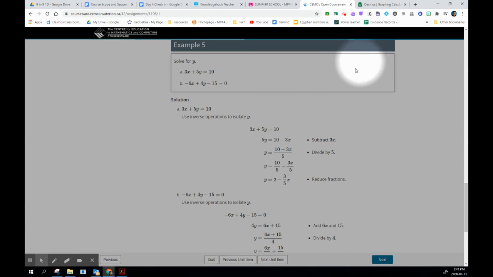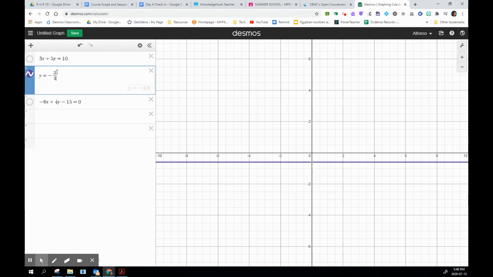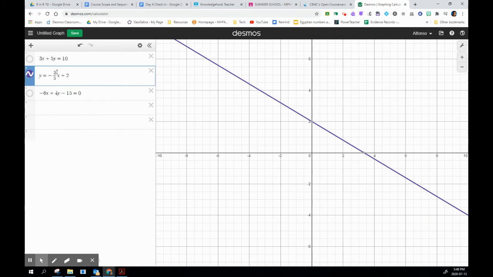Let's see if that is the case. So our equation would be 2 minus 3/5 of x, or y equals negative 3/5 of x plus 2. And that's our equation.